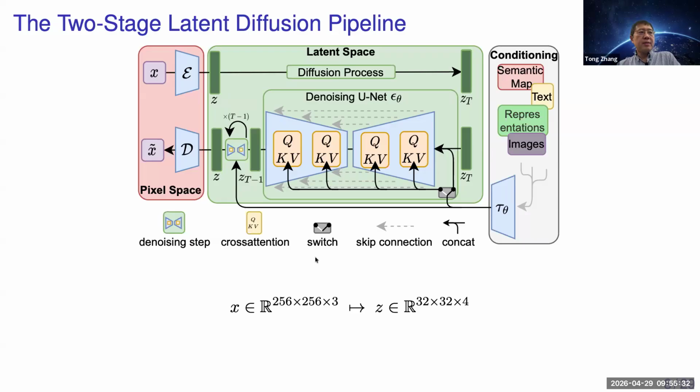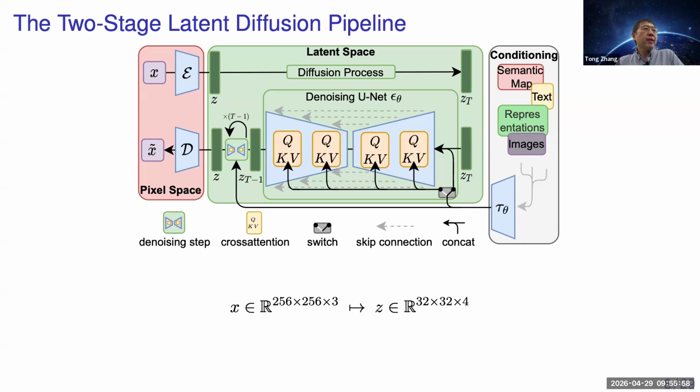As I mentioned, in the original one and also in stable diffusion, if you start with 256, downsampling by 8 gives 32 by 32 by 4. If you have 512, downsampling by 8 gives 64 by 64 by 4. So roughly, it's a downsampling by 8, which doesn't hurt your quality.